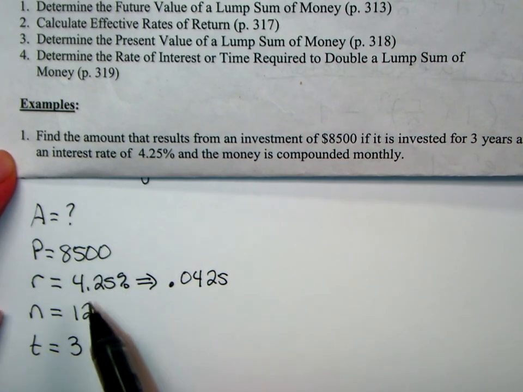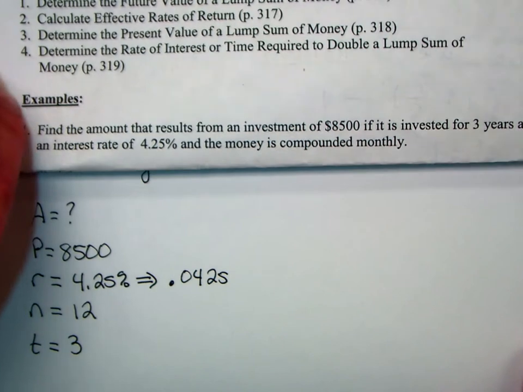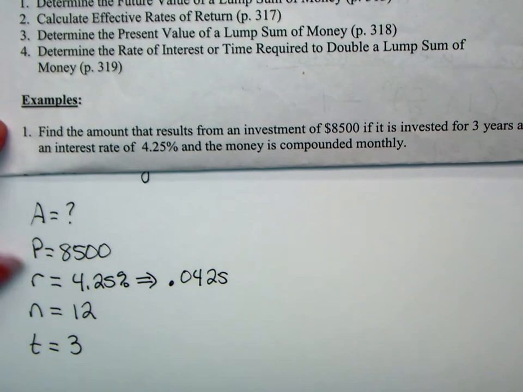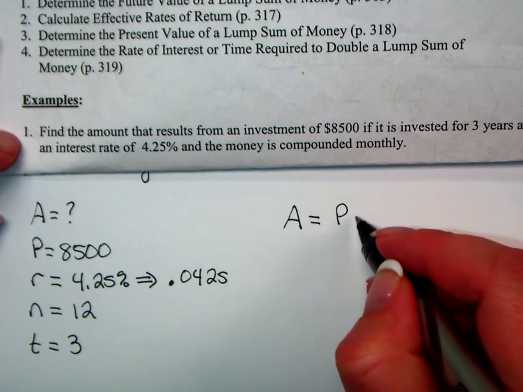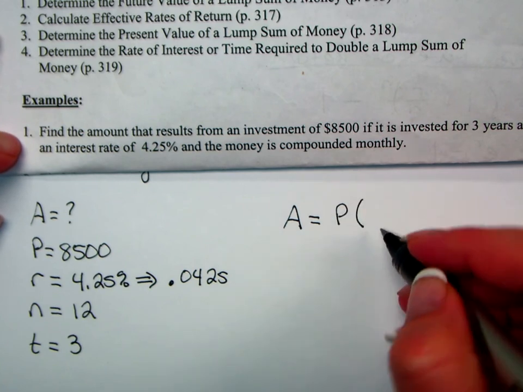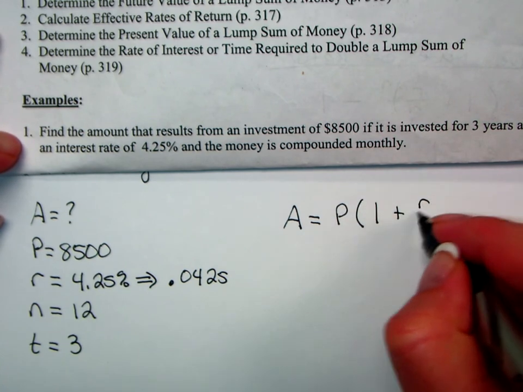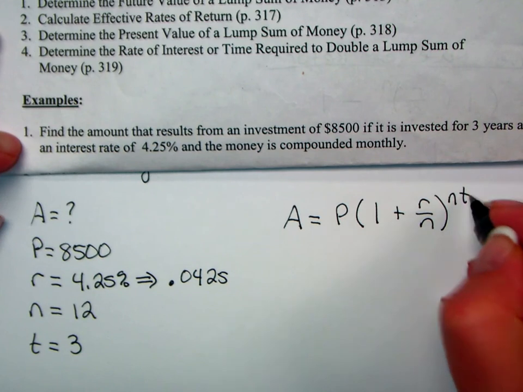So if I plug all these numbers into the formula, I will be able to calculate how much is in the account. I'm just going to write down that formula again: A equals P times 1 plus R over N, raised to the NT.